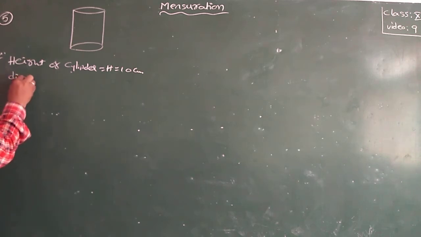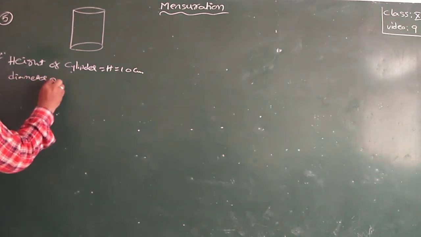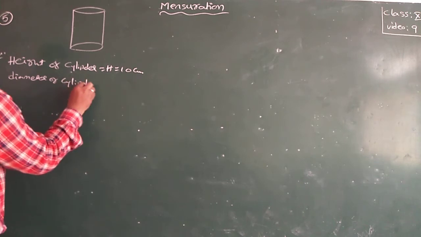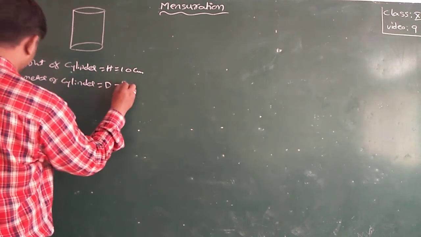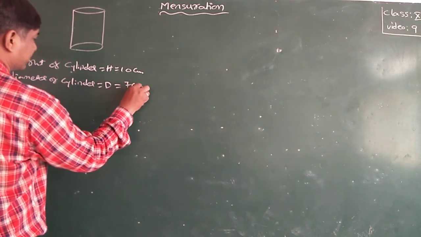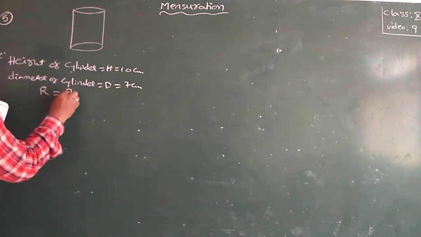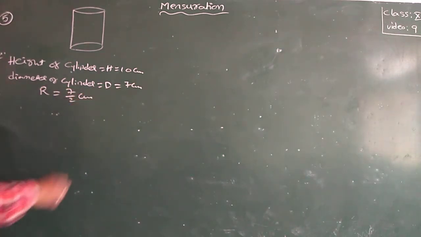The diameter of the cylinder is equal to 7 centimeters. Then automatically radius is equal to 7 by 2 centimeters.